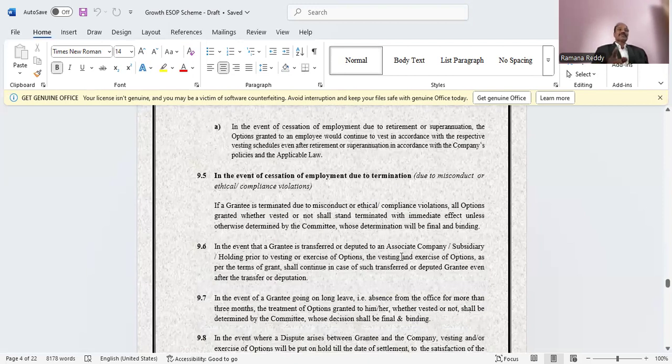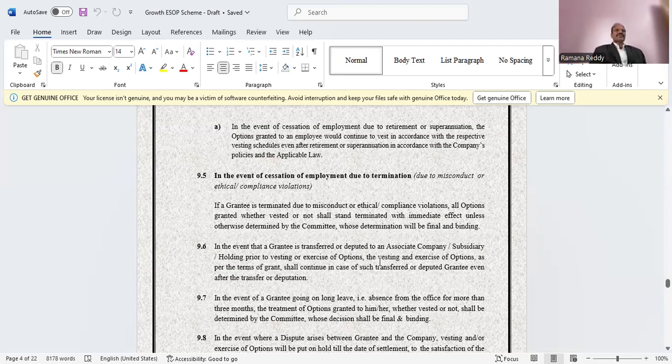Now we will discuss the event of cessation of employment due to termination for misconduct, unethical conduct or compliance violations. In that case, because of the misconduct, all options granted, whether vested or not, shall stand terminated with immediate effect, unless otherwise determined by the committee, whose determination shall be final and binding.